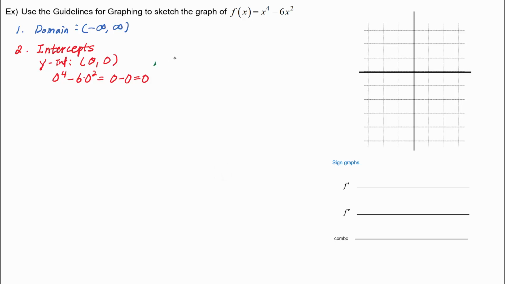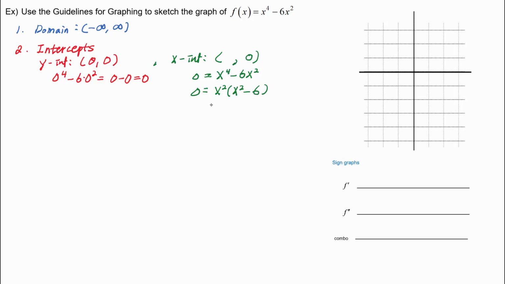How about the x-intercept? We can find the x-intercept by setting y equal to 0. So 0 equals x to the fourth power minus 6x squared. We can factor out x squared, leaving x squared minus 6.